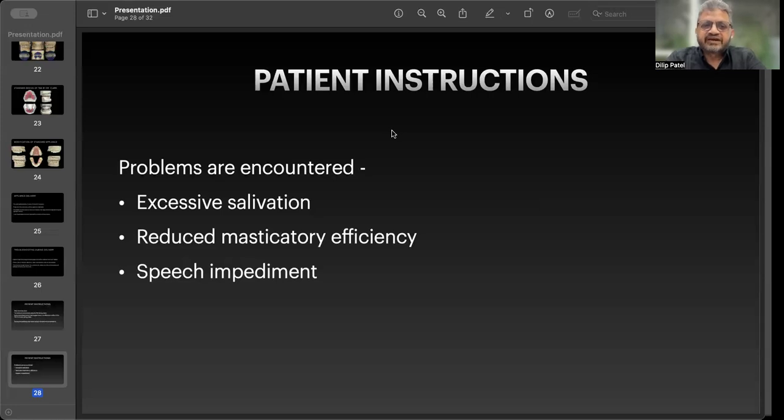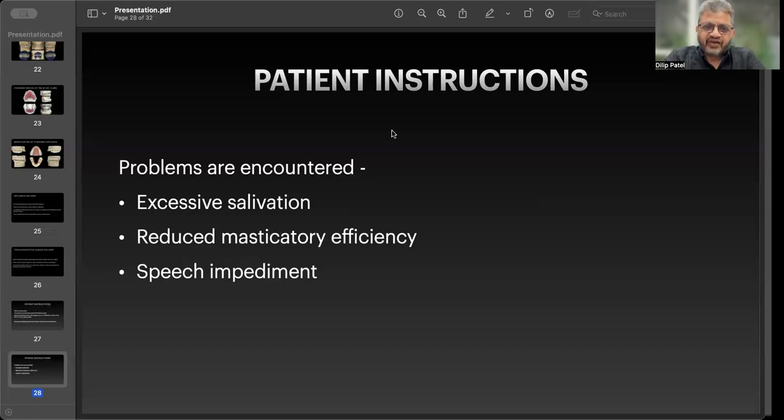So the masticatory efficiency will be reduced for a few days. You can ask the patient to start with semi-solid or soft dough, and progressively you can start roti, chapati. And within a week, the patient can manage regular food with regular time and regular efficiency.